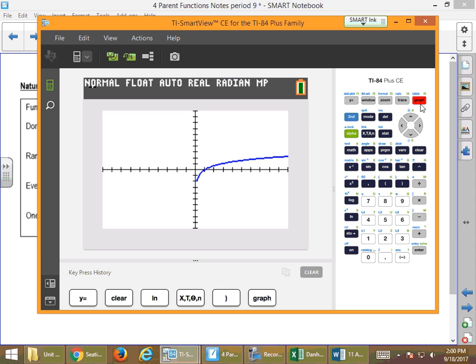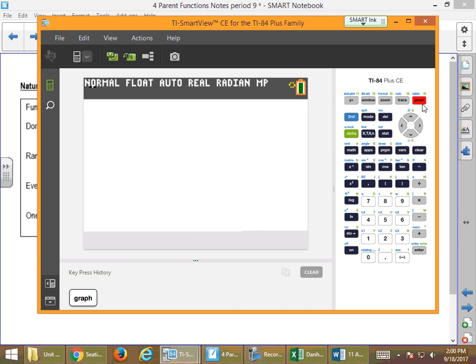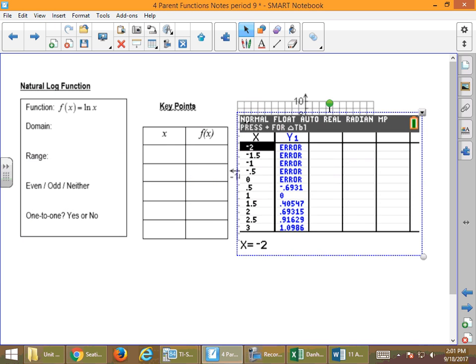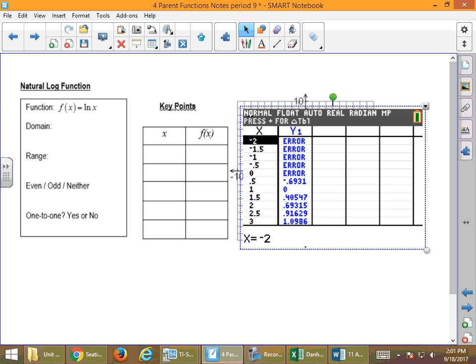And once we've got the picture, we can go to our table and come up with a couple points to use. And again, I'm going to be limited in terms of nice points to work with. Nice points mean whole number points to work with. Don't have that option.